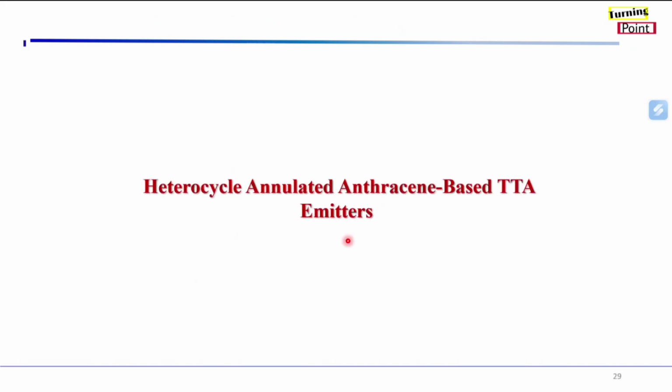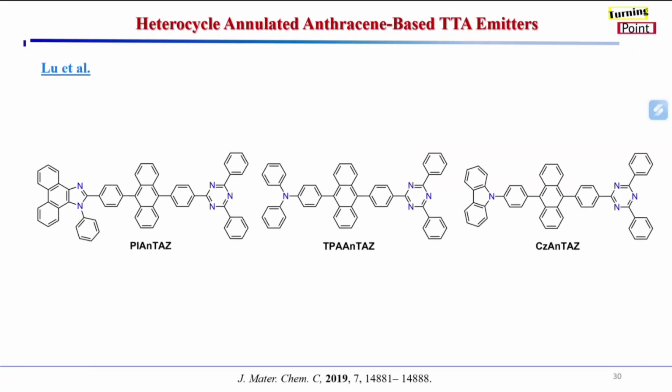Now, this is another type of triplet annihilation emitter where they use a heterocycle molecule in the anthracene skeleton. The Lu group synthesized these three nitrogen heterocycle anthracene based molecules, where they use donor-acceptor based molecules.